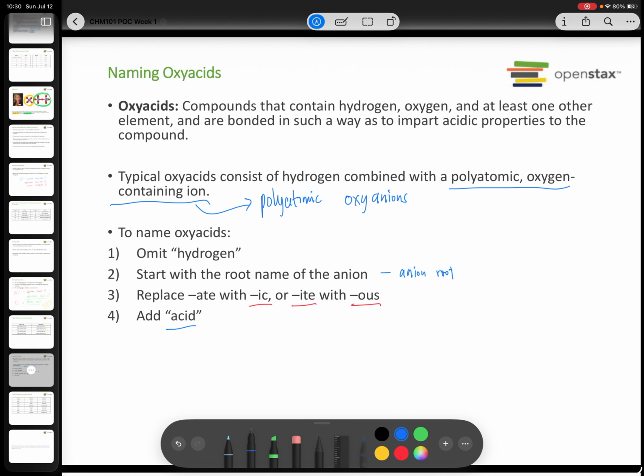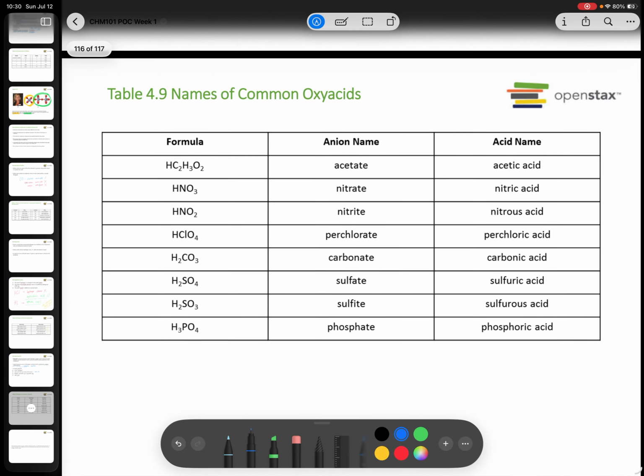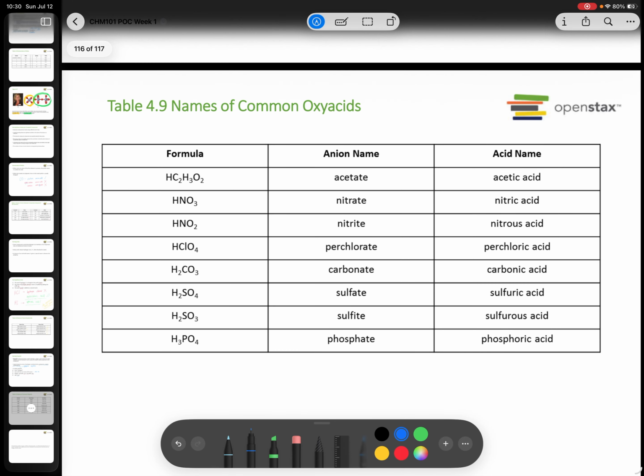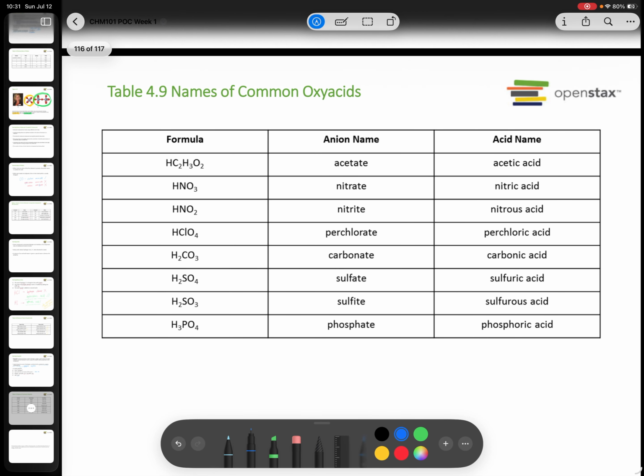Okay? Okay. So, for example, nitrate becomes nitric acid, nitrite becomes nitrous acid, sulfate becomes sulfuric acid, and sulfite becomes sulfurous acid, no? So, tingnan natin yung next table. Nandito na yung mga yun. Okay. So, ito yun, acetate, no? Acetate ion, an ion name niya, acetate.